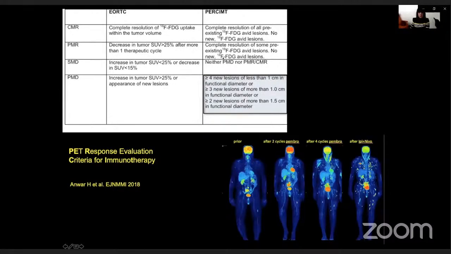And the major difference to the known EORTC criteria is only the definition of progressive disease.